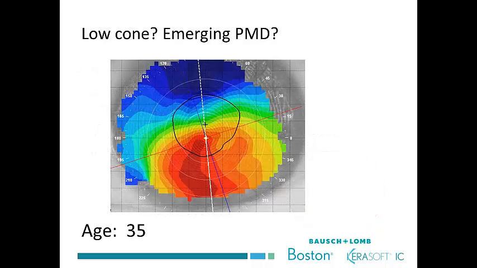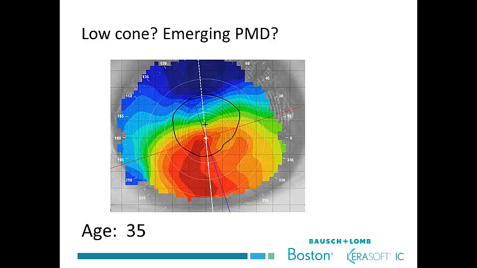So here we have another scenario where, is it a low cone? Is it emerging pellucid marginal degeneration? The age is 35. If this patient shows up in your chair and you've never seen the patient before, you won't know the answer to that. This can be really challenging from a progressive nature.